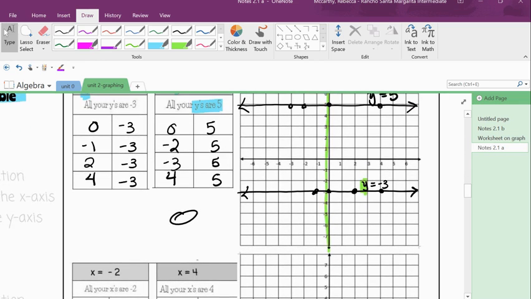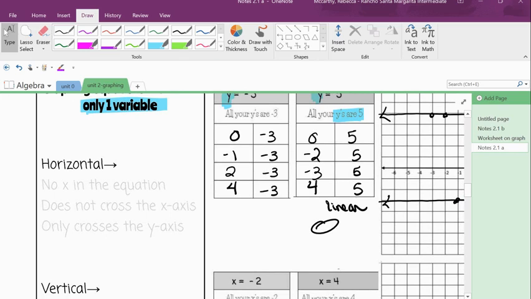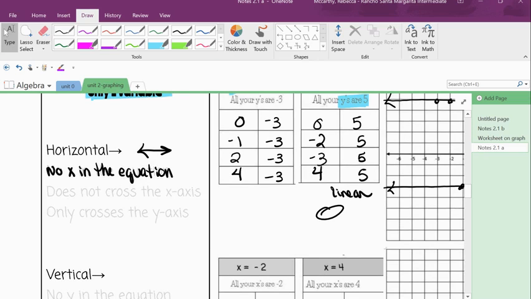They're still linear, so we're still going to write linear. And when I have it horizontal, there's no x in the equation. So let's write no x in the equation. And they look like this. That's horizontal. Think of the horizon.